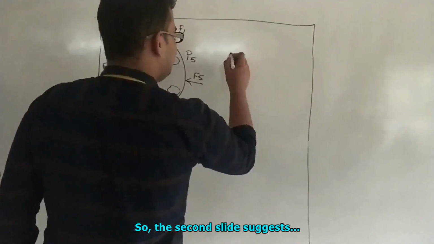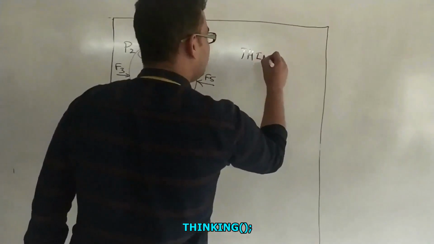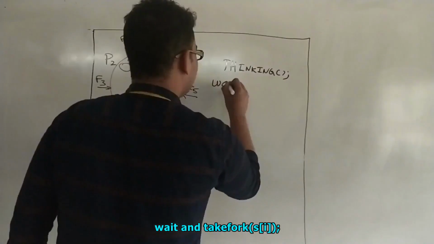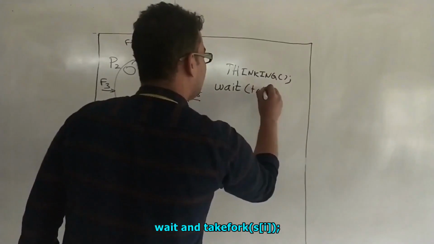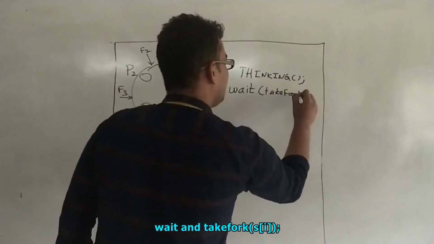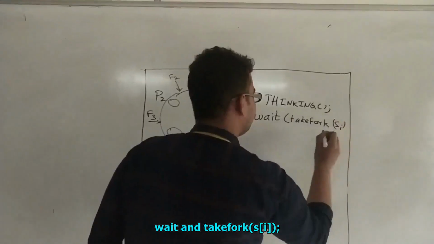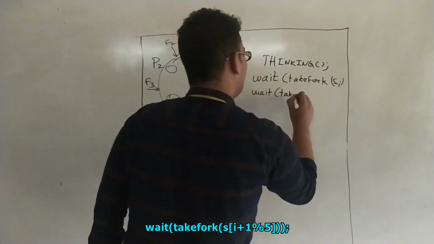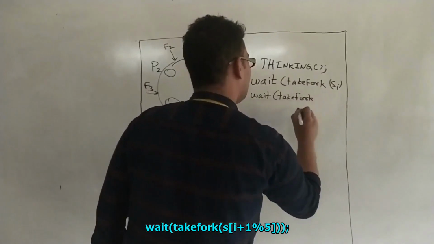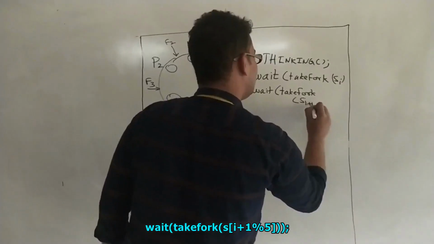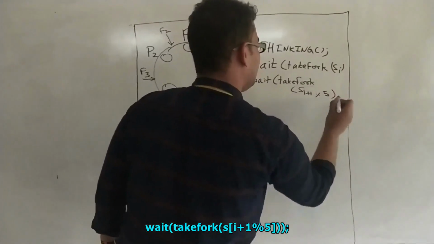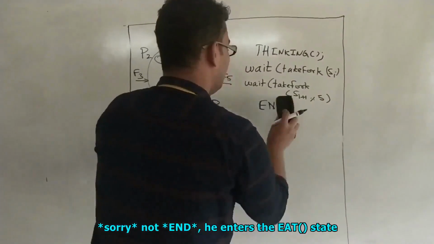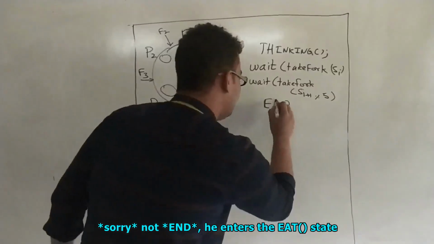The second slide suggests thinking, wait and take the fork S of I. Wait, take fork S of I plus 1 mod 5. And he enters the eat state.